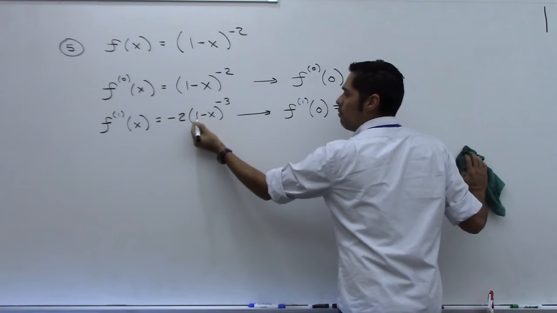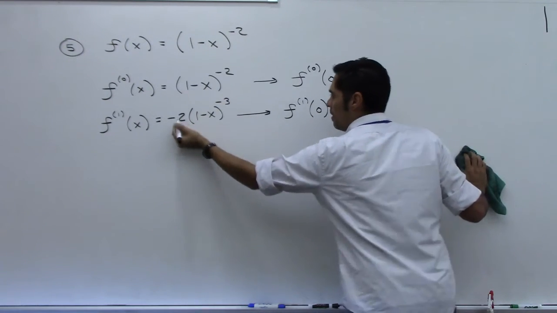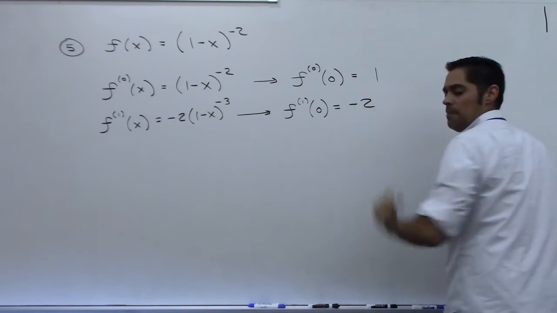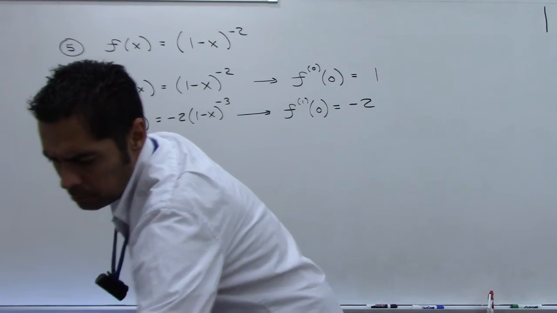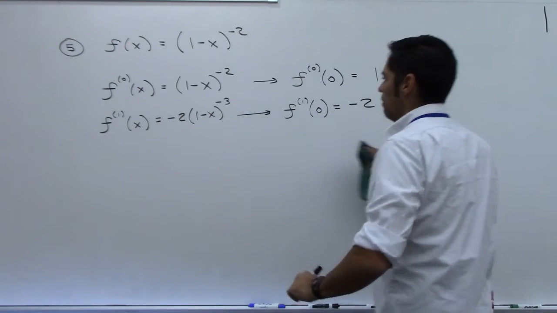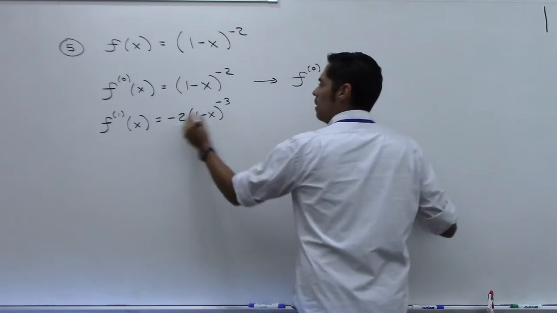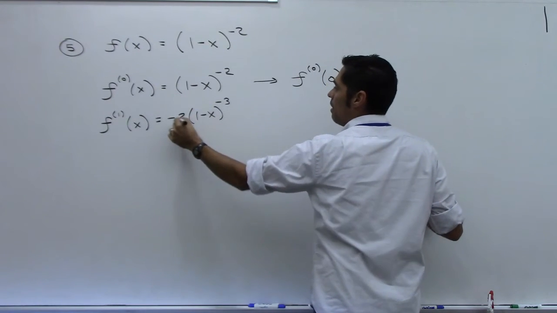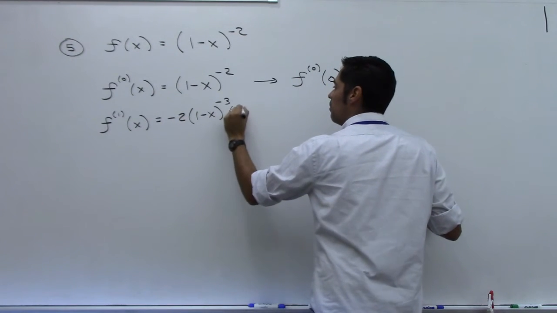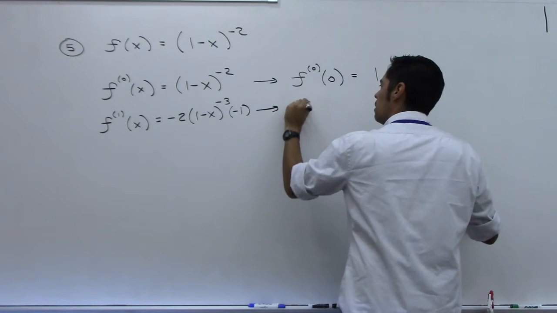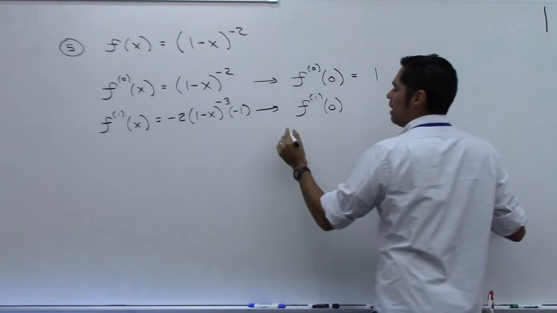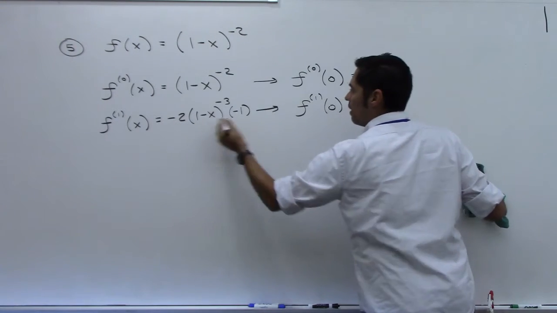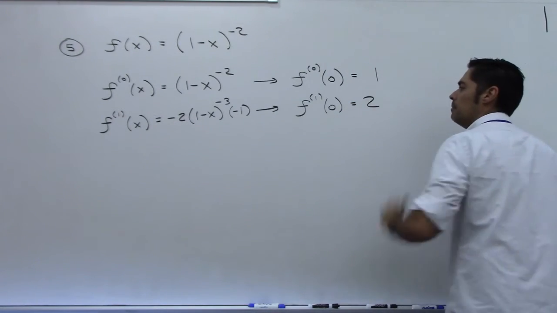Plug in 0, we get 1 to the negative 3, that's still 1, but then times negative 2, so negative 2. You know what, I forgot the chain rule, hold up. Chain rule: the negative 2 comes down, and the derivative of the inside is negative 1. I'm trying to rush through this. So when we plug in 0, the negative and negative become positive, so that's 2.